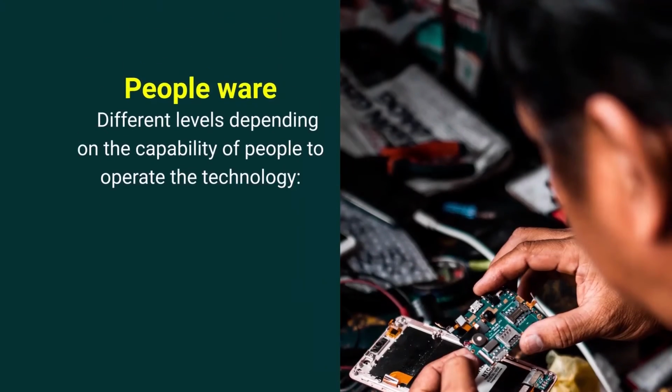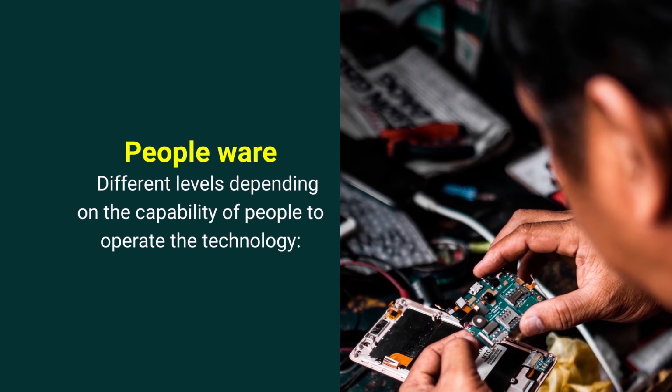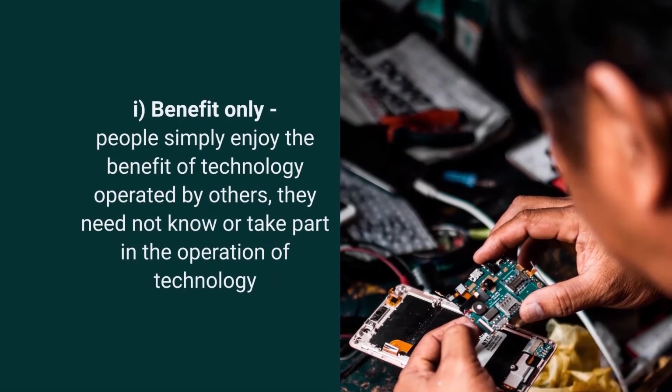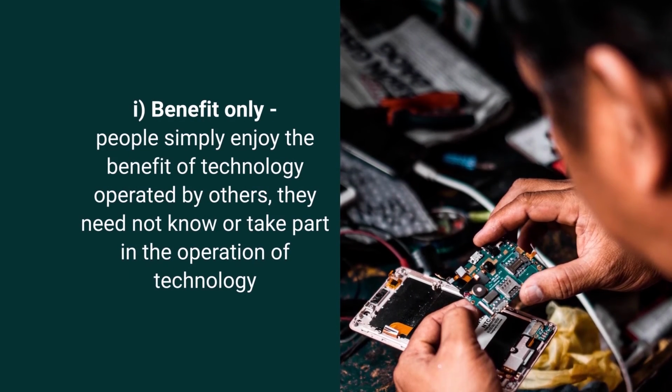The manpower or the peopleware part has different levels depending upon the capability of people to operate the technology. For example, the first level is the benefit only. Here, people simply enjoy the benefits of technology which is operated by others.